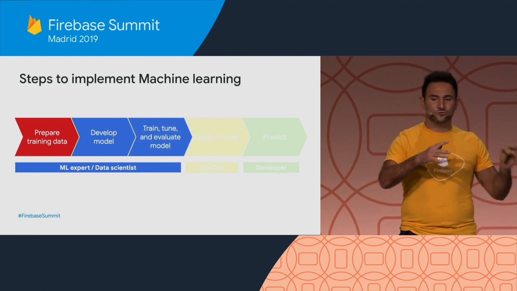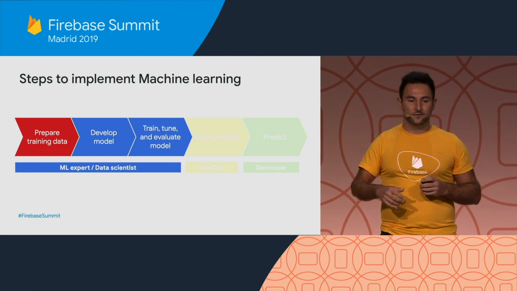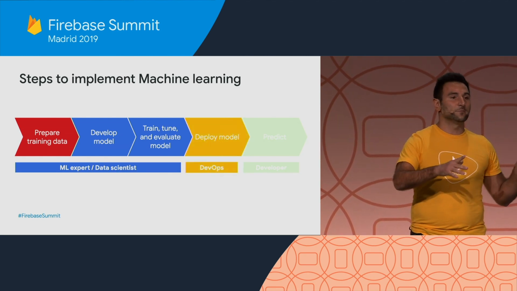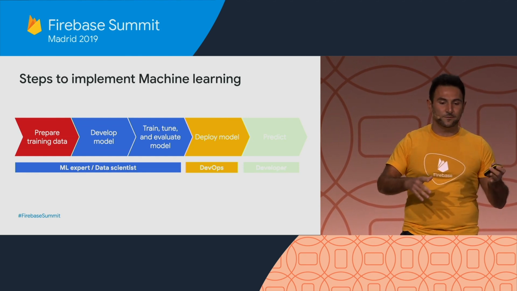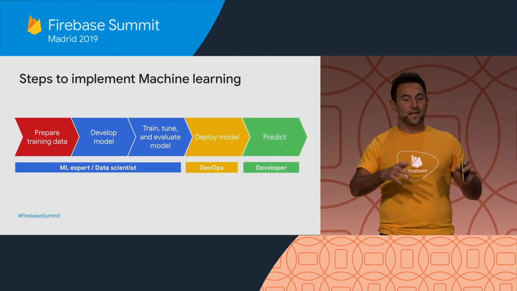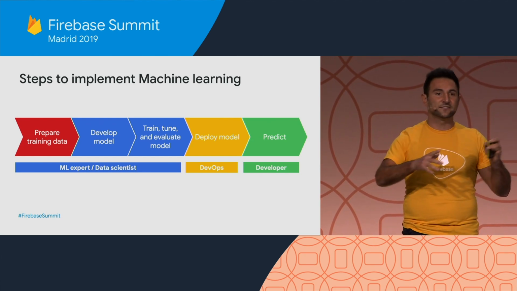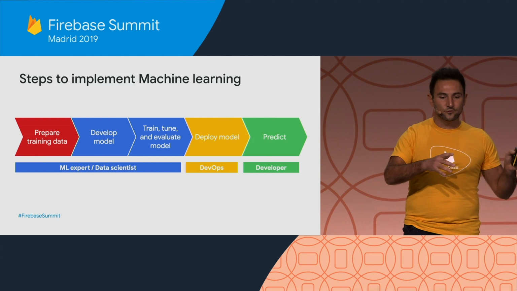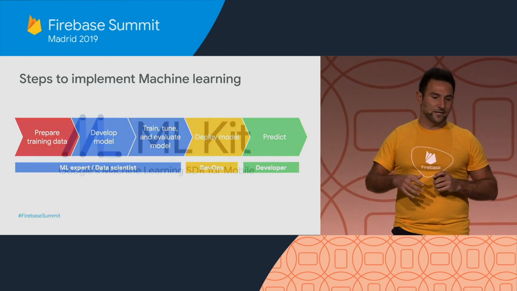The expert would then train, evaluate the model, and tune as needed. Finally, once the model is ready, we have to deploy the model to our systems. The DevOps would do that. And after all these steps, finally the developers can use this model to predict. This is quite an extensive process.